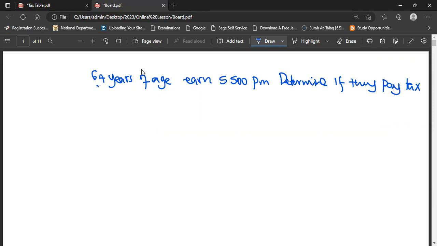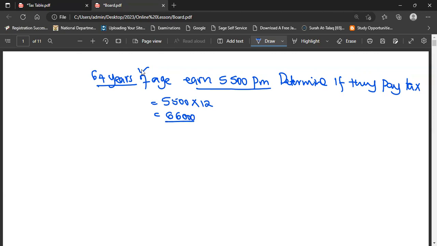First and foremost, the person is 64 years of age, keep it aside. How much does he earn? He earns 5,500. So we take the value and multiply by 12. 5,500 times 12. So the person at the end of the year has 66,000. Are we there?